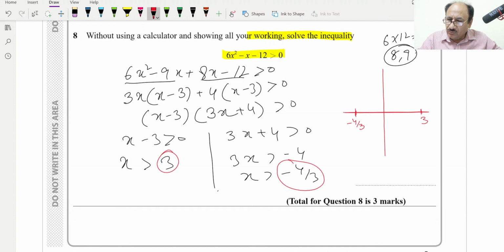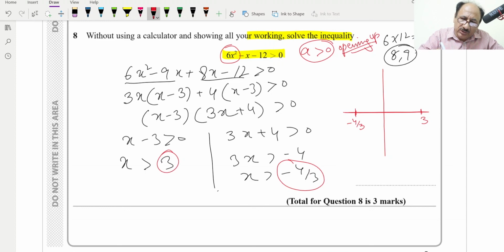Now we know from this quadratic equation the a value is 6 and a is greater than 0. It means the curve is opening upward. So our curve will be like this one. If we put x equal to 0, y will be equal to minus 12.